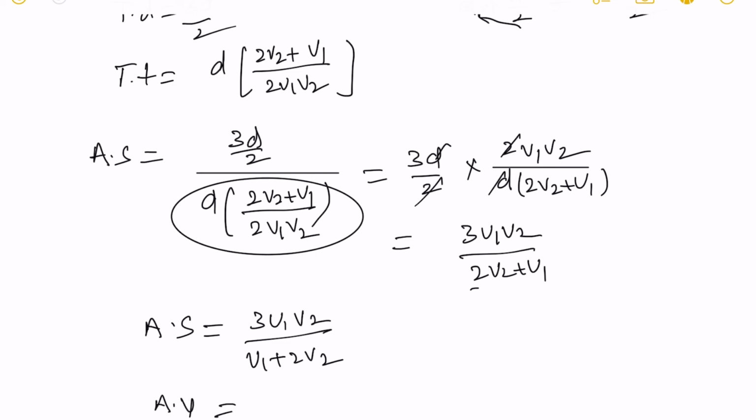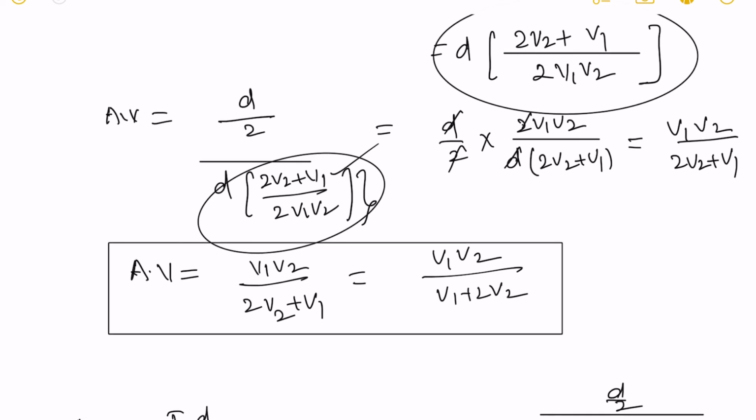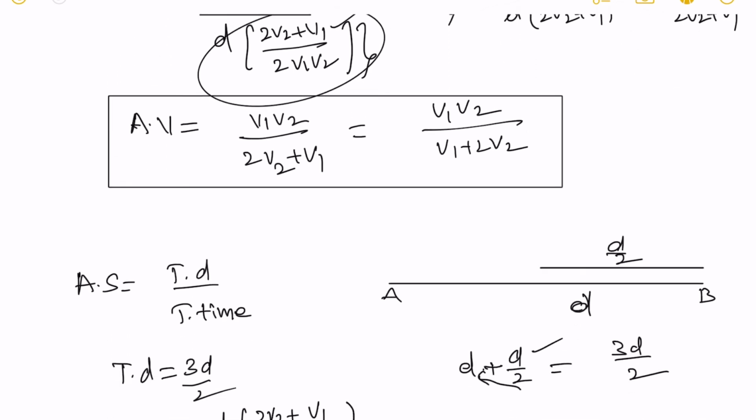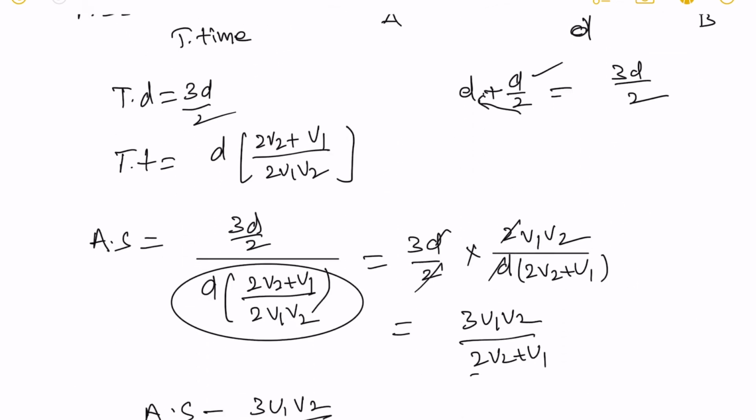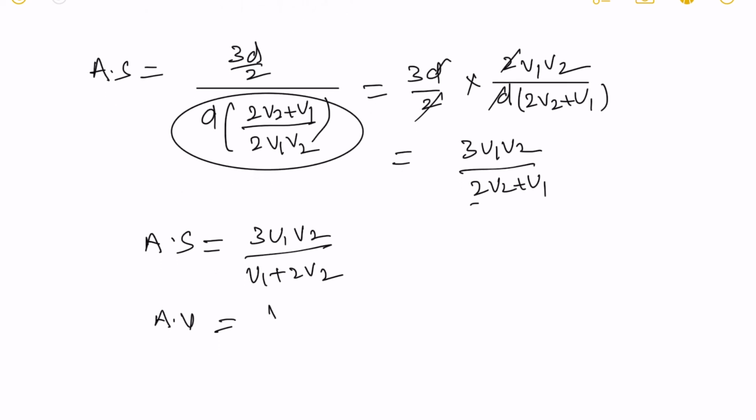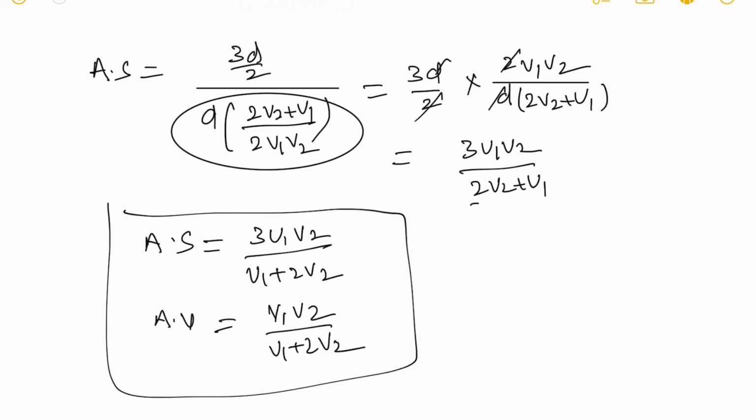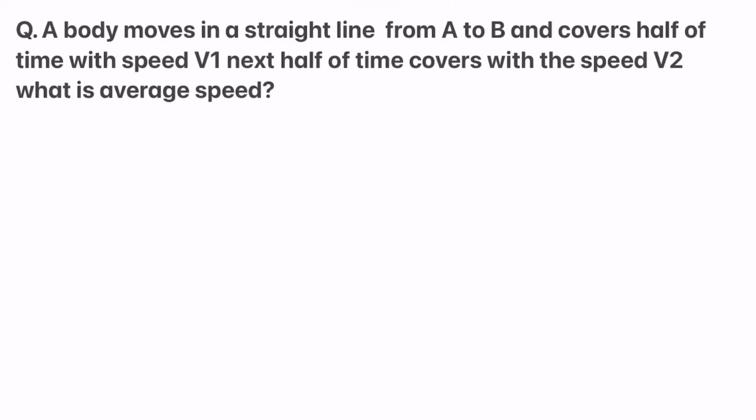What is the average velocity? That is v1v2 by v1 plus 2v2. So this is the answer for the question.